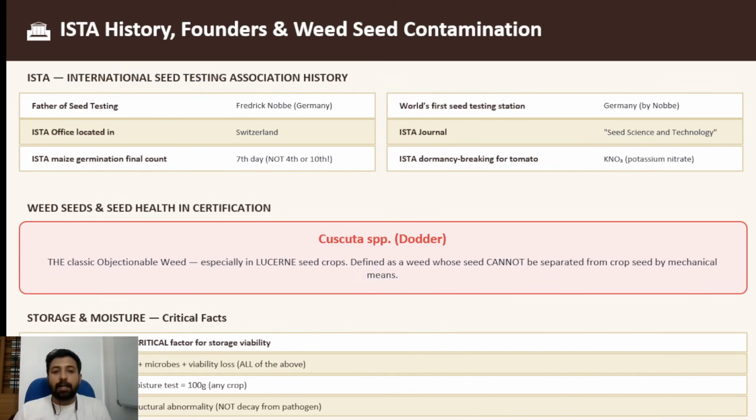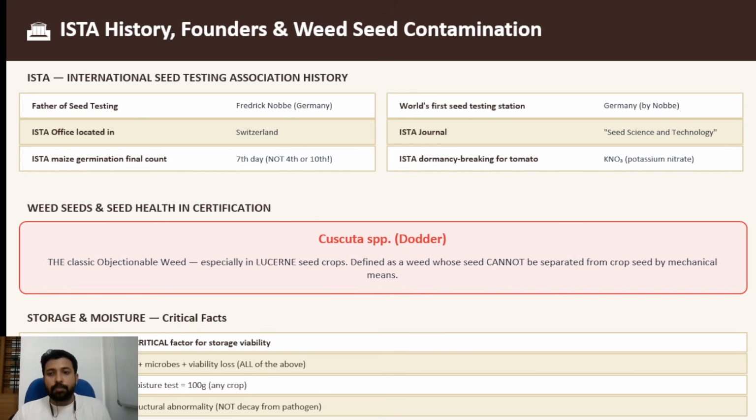Then comes the ISTA standards and the weed seed contaminations. Here this is just very superficial information. First of all, we will see ISTA, the International Seed Testing Association, the standard setting body, which has its headquarters in Switzerland.